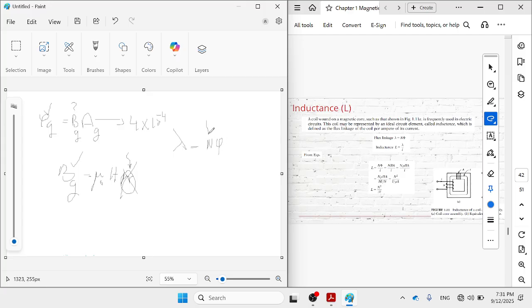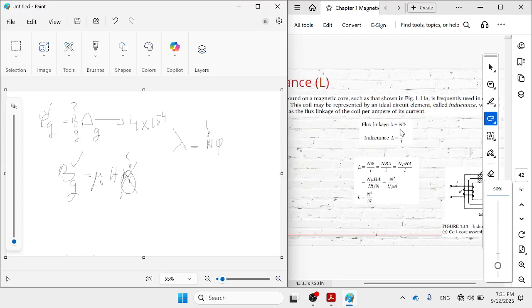So N, what is N? N is the number of turns. Phi is the flux, correct? So we know N and phi. Finally, L, which is inductance, is lambda over I. I is the current of this coil. So it is represented as N times phi over I. How can we represent phi?